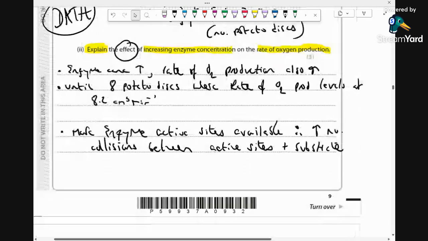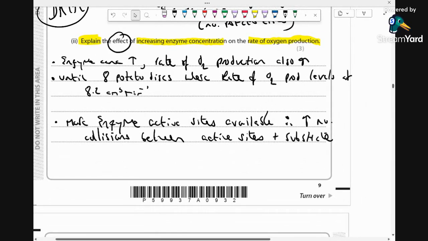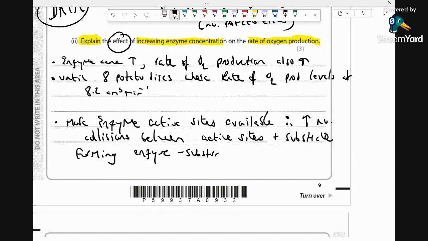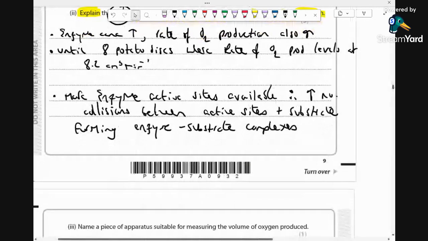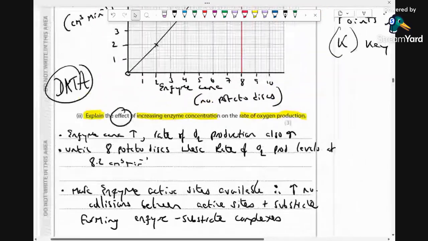Okay. Forming, again, give detail, enzyme substrate complexes. There we go. However, we haven't explained why it levels off.